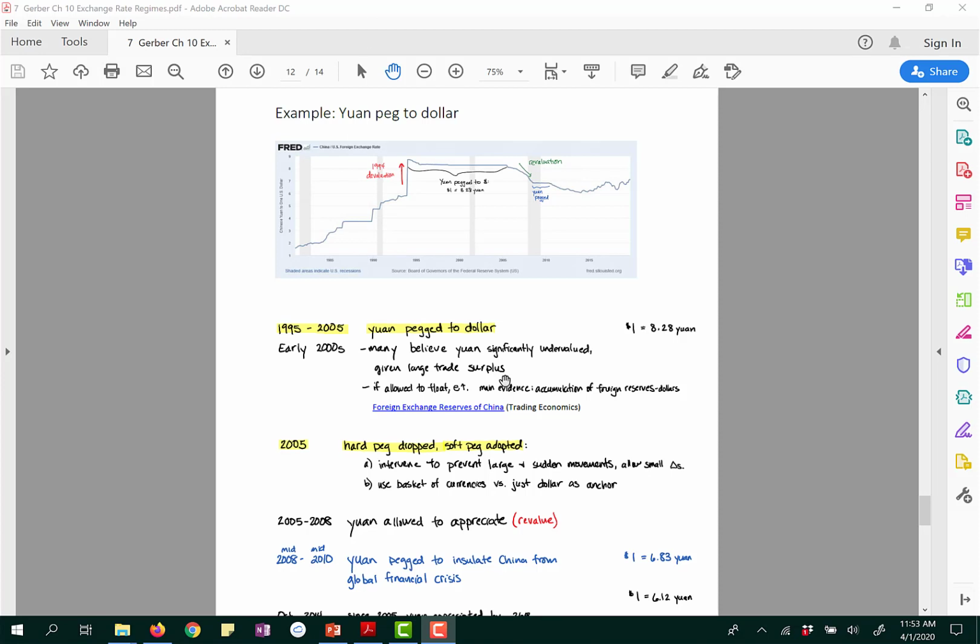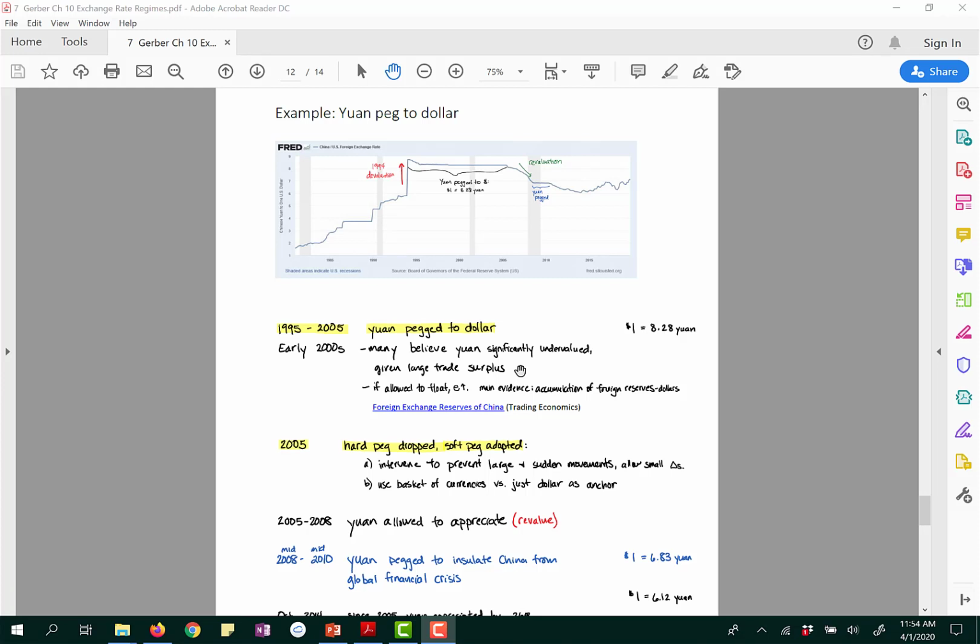All right. China devalued the yuan in 1994 and hard pegged it to the dollar at an exchange rate of $1 to 8.28 yuan. Most people believed that the yuan was undervalued relative to the value that would have been determined on foreign exchange markets, especially given China's large and growing trade surplus during this time.